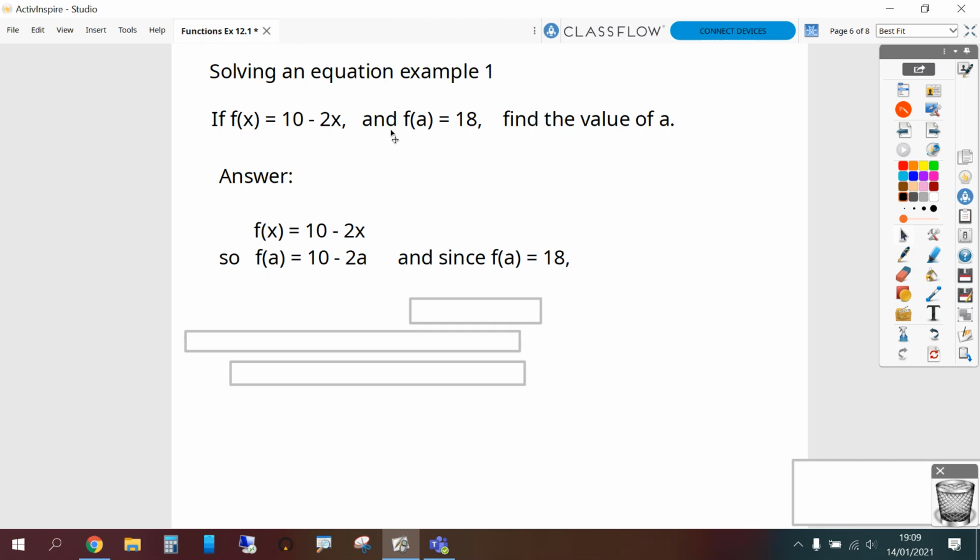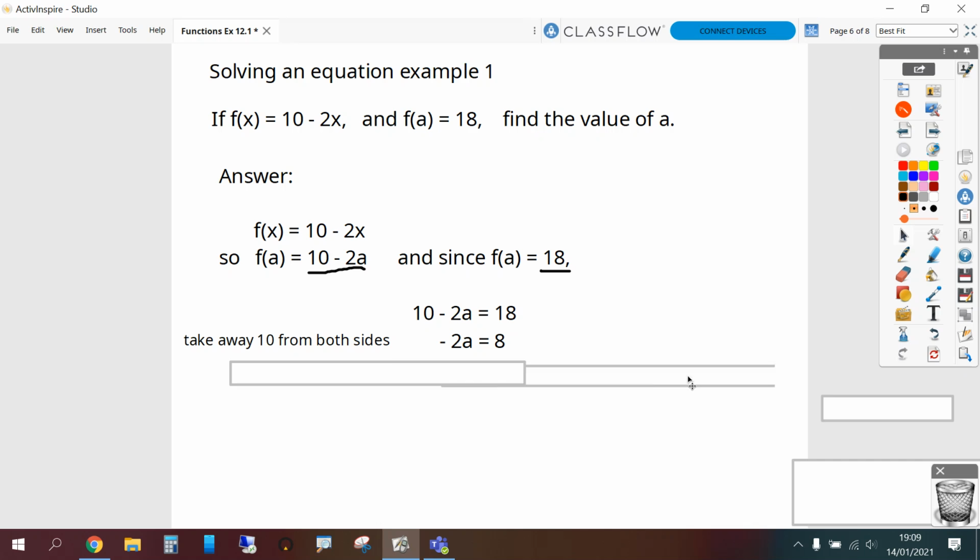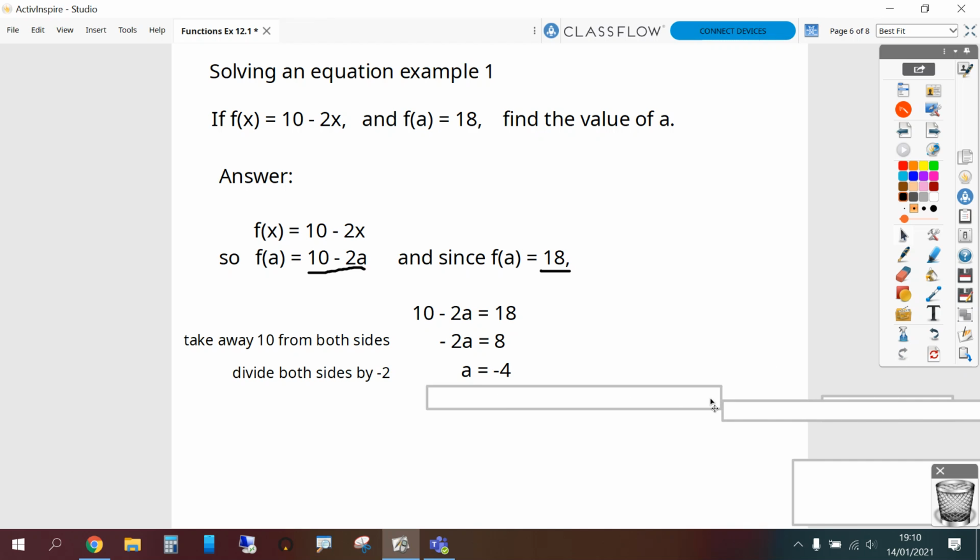And we're also told that f of a is 18 already, so since f of a is 10 minus 2a, and f of a is also equal to 18, then that means that 10 minus 2a is worth 18. Now that's just a simple equation to solve. Take away 10 from both sides and divide both sides by -2. And we get the answer a equals -4.